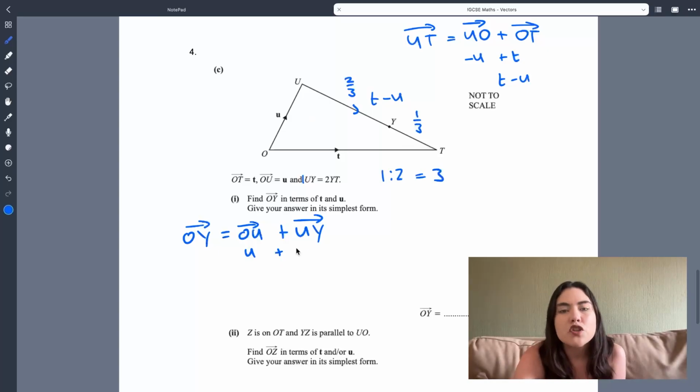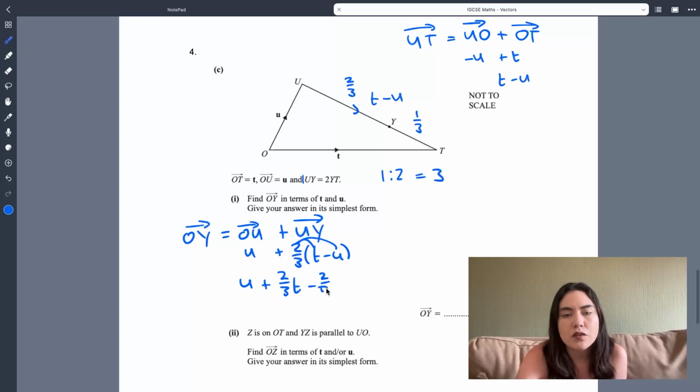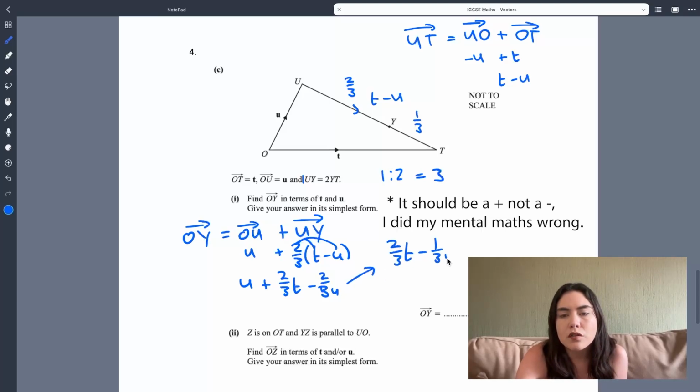So we have 2/3 of T minus U. Now we expand. So we've got U plus 2/3T minus 2/3U. U minus 2/3U gives us 1 minus 2/3, which is 1/3. So our answer is basically 2/3T plus 1/3U.